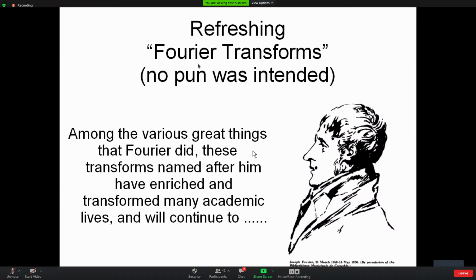And so among the various great things that Fourier did, these transforms named after him have really enriched and literally transformed many academic lives and will continue to. So this tool is very empowering, to say the least. If you are going to be in research, do familiarize yourself and get to even love them as you go along.